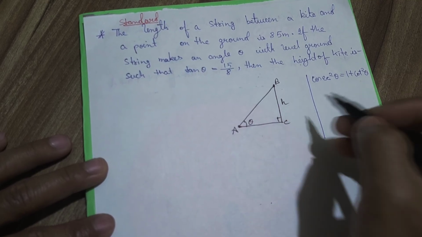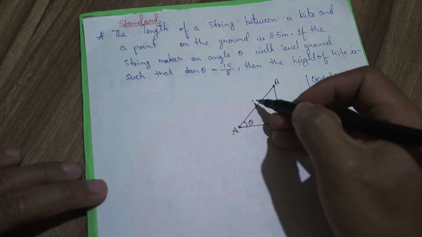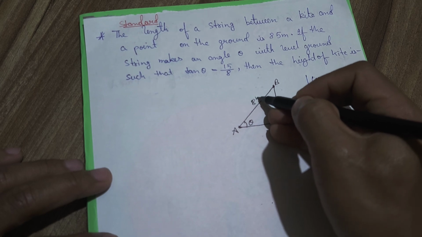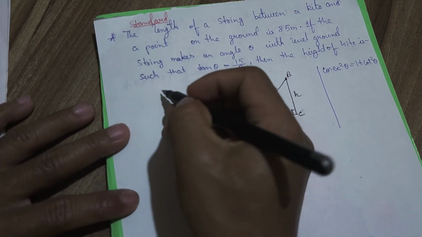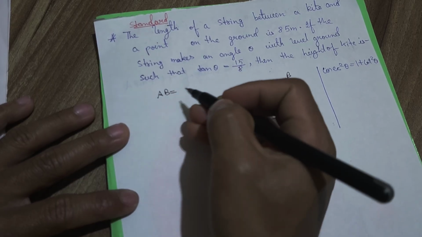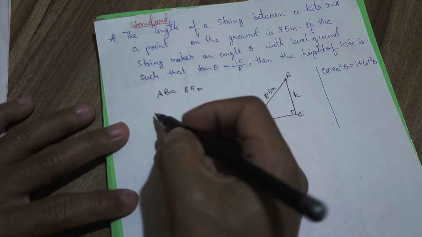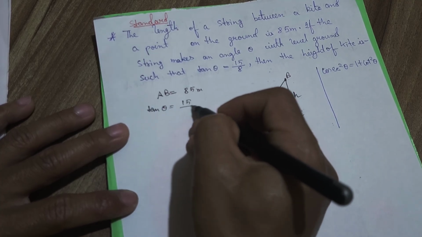We have to find BC. The distance between the kite and a point on the ground is given as 85 meters. So let's solve. AB is equal to 85 meters. Then tan theta is equal to 15 by 8.